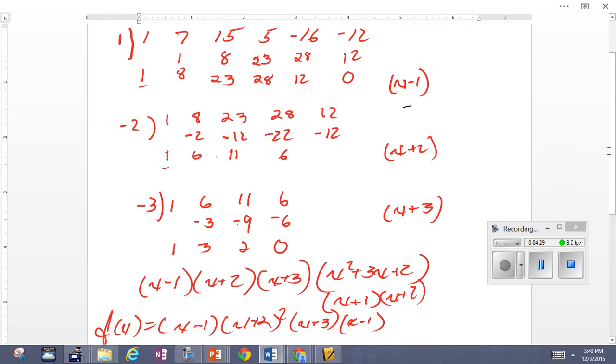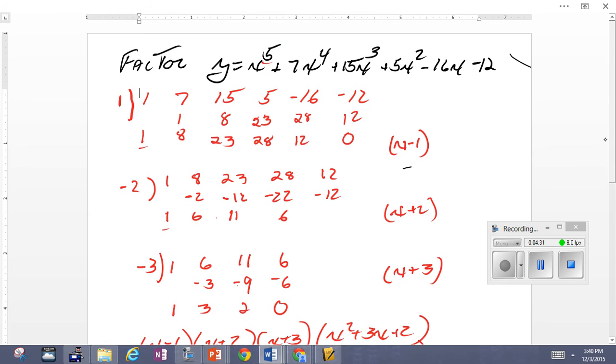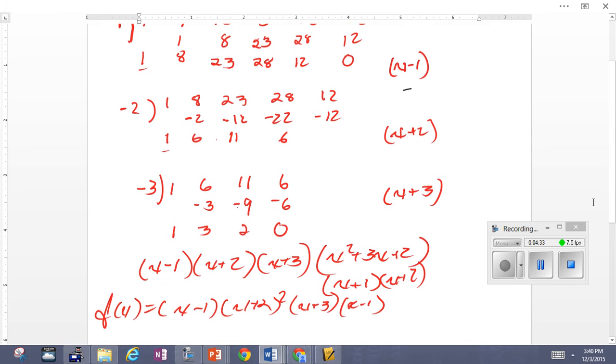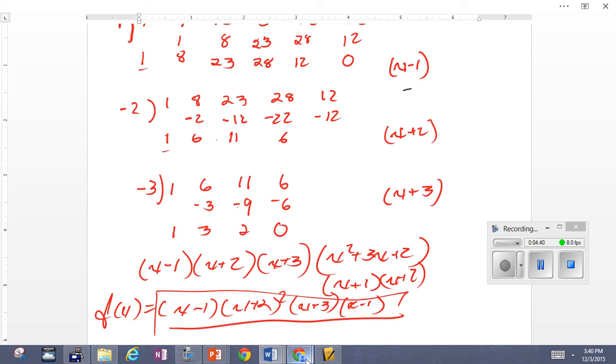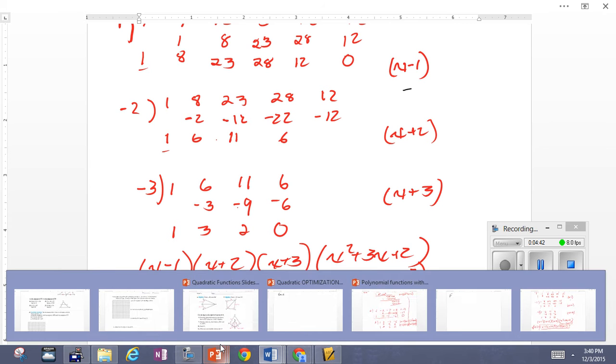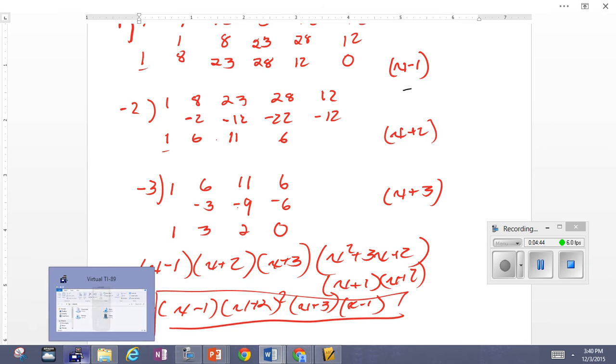I trust that won't be a problem for you to graph, because it is initially a fifth power polynomial, and now it is fully factored. Now, of course, you could just verify that. In fact, that's exactly how I got it, from my calculator.